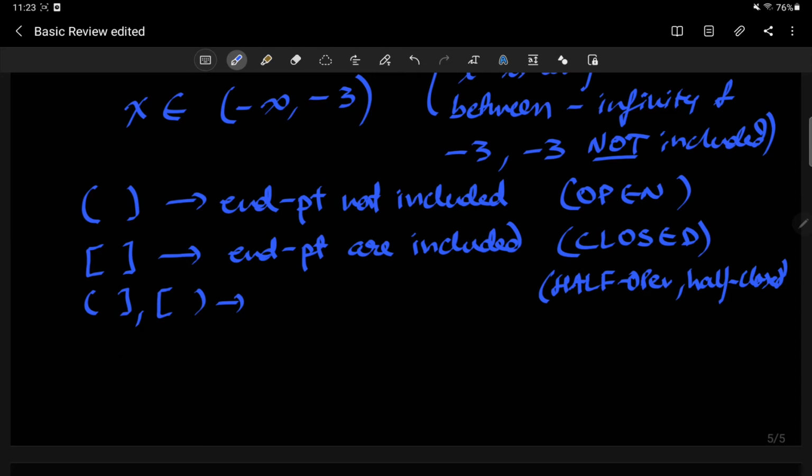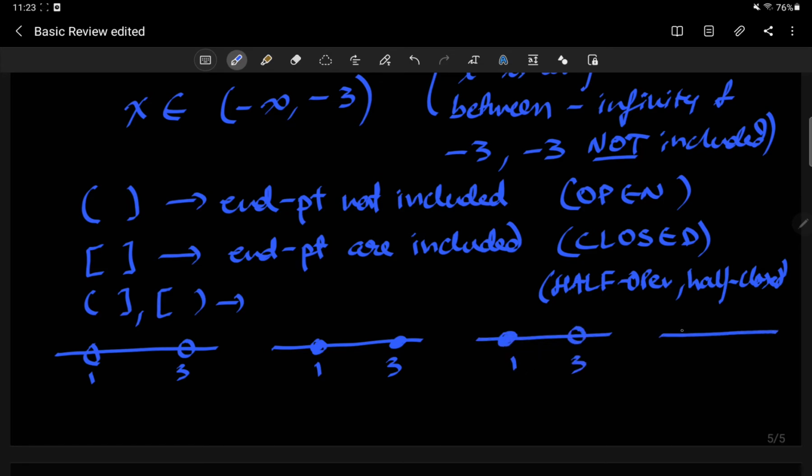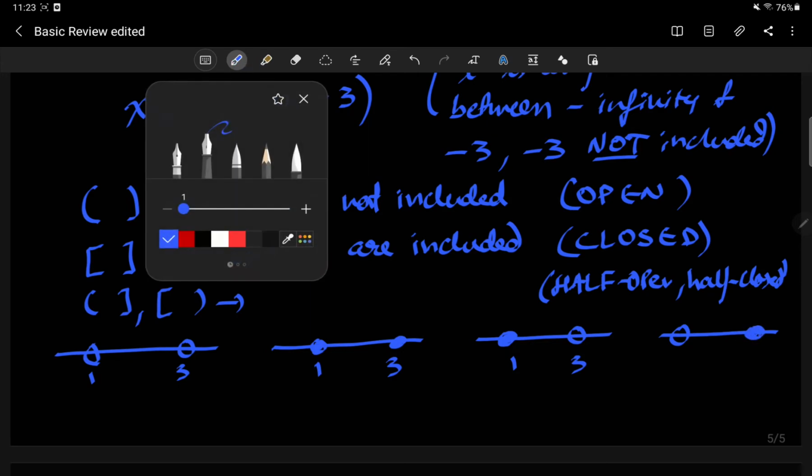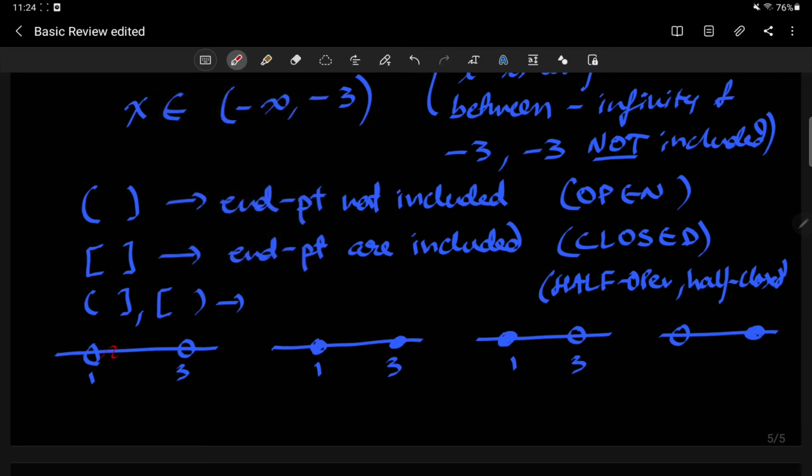So for example, one example of each of them: let's say on the number line, I have 1, 2, 3. Okay, let's say in the first case, the solution is this as shown on the number line.